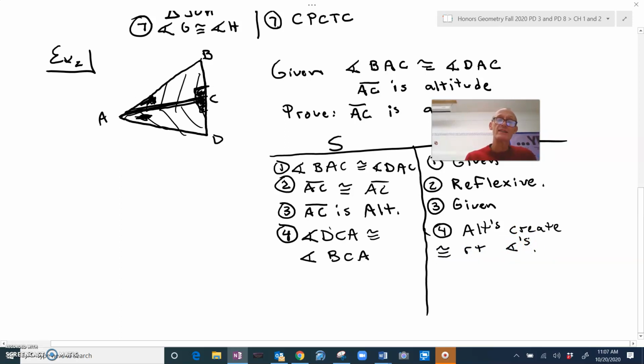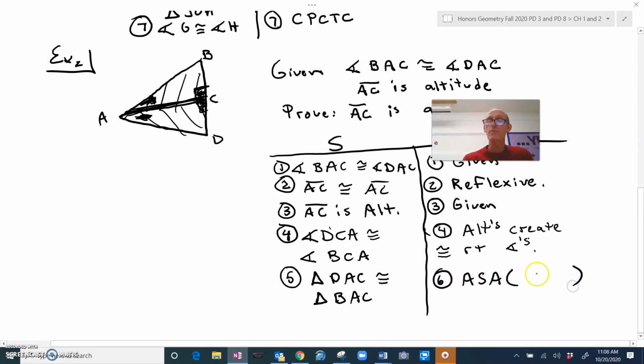All right, now I think the triangles are congruent by angle side angle. We have an angle, we have a side, and we have another angle that we were given. So triangle DAC is congruent to triangle BAC by angle side angle.